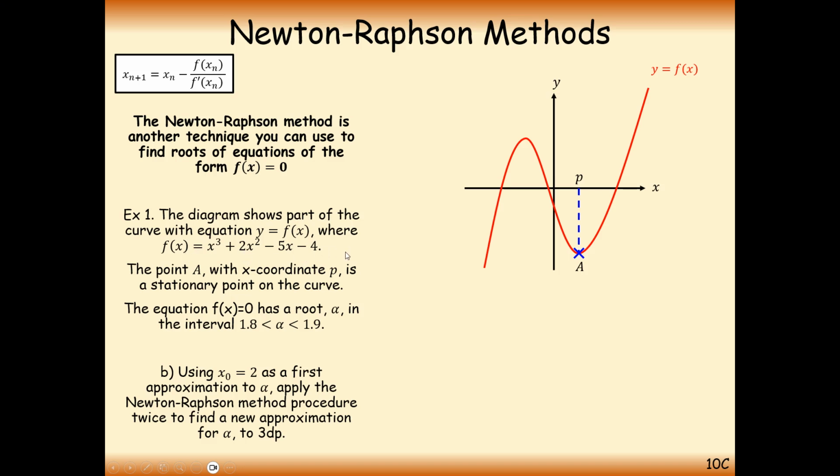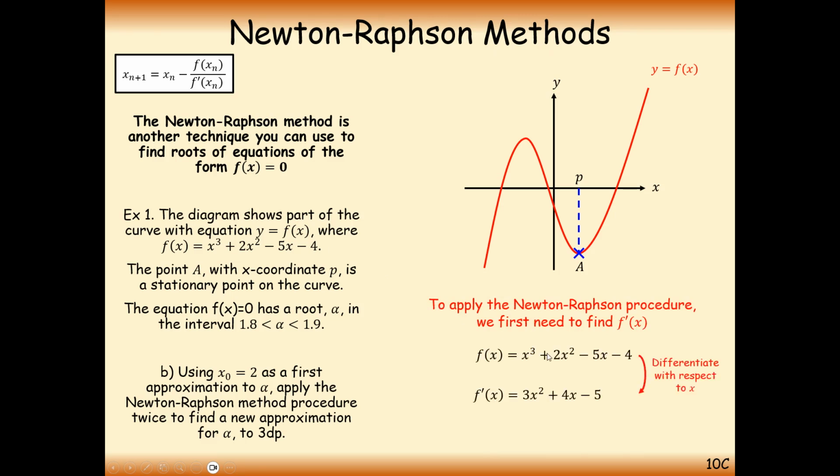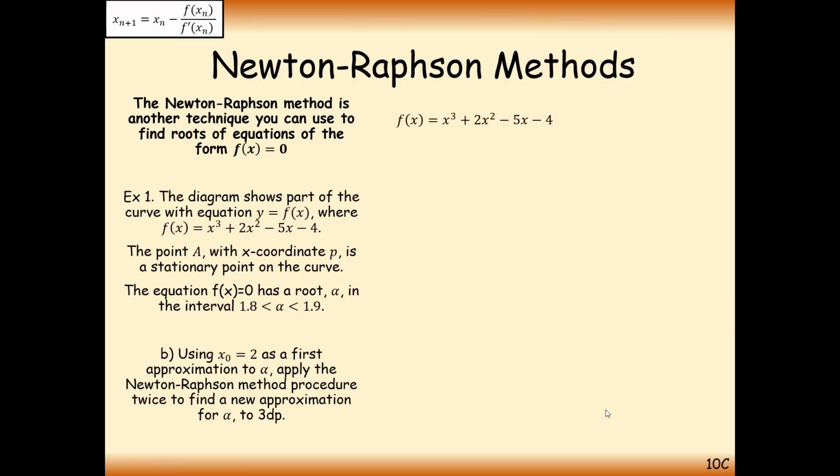The f dash will be, let's look at it carefully, differentiating x cubed will give us 3x squared, differentiating 2x squared will have 4x, and minus 5x will give us minus 5. What we need to do is write the formula nice and neat.